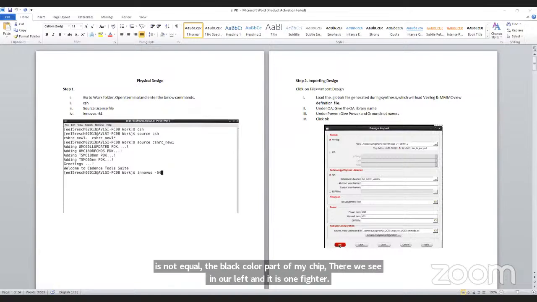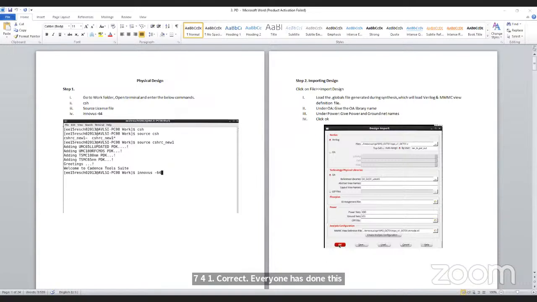Correct? Everyone has done these experiments in your labs, practicals. Ishwar, yes, good. You have done op-amp 741. Ishwar, what experiments have you done using IC lab? Can someone tell me what experiments you have done in your IC lab or circuit analysis lab in your academics?